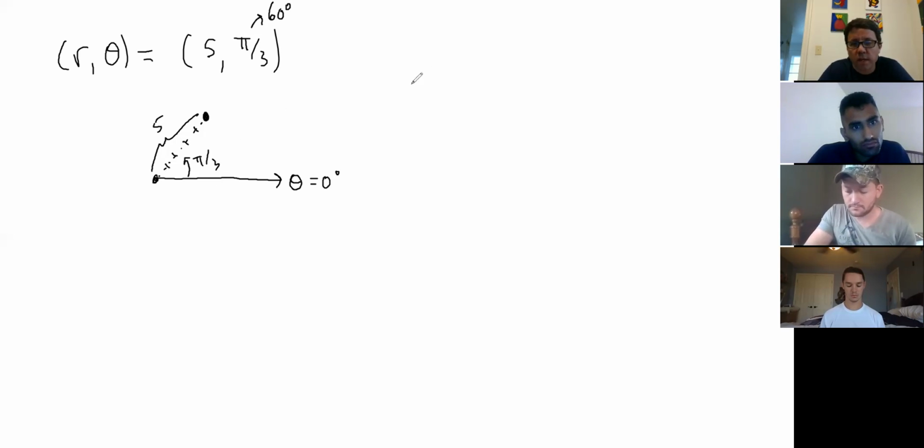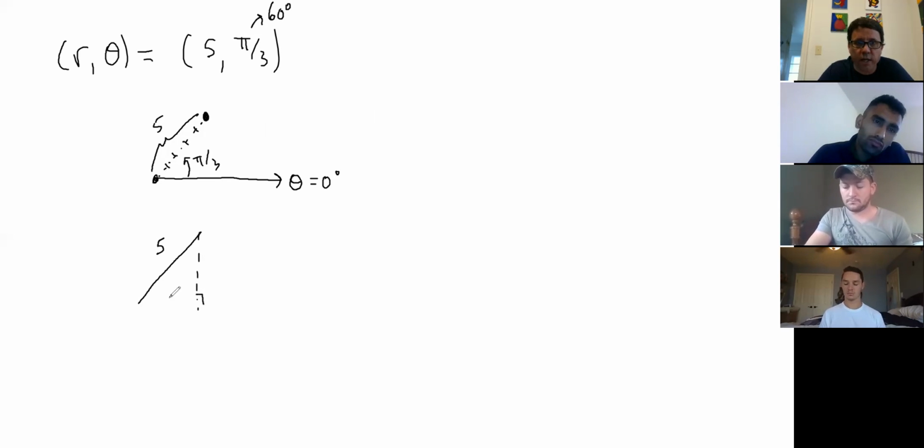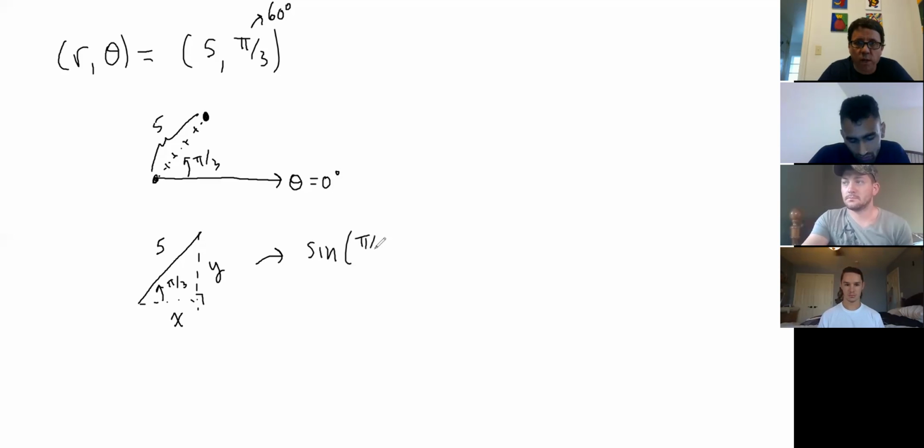And the answer is to use a triangle. So if I just came in here and drew a triangle, this is 5. I drop one straight down to get 90 degrees. And this is pi over 3. Then the x coordinate will be whatever the distance is on the bottom. The y coordinate will be whatever the distance is up and down. So you've got to go back and look at trig. I know that if you took the sine of pi over 3, you get y over 5.